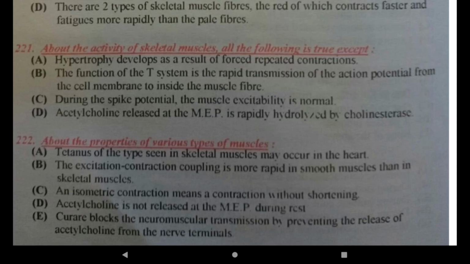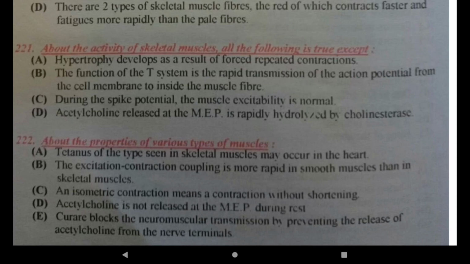During spike potential, the muscle excitability is normal. That is our alternative which is wrong, and it is the answer for this question. At peak potential, the excitability of the muscle is far reduced. It's not normal; in fact, it is almost zero. From peak potential up to the time when the membrane potential has been restored, that is repolarized, we call it the refractory period, and the muscle excitability is lower.